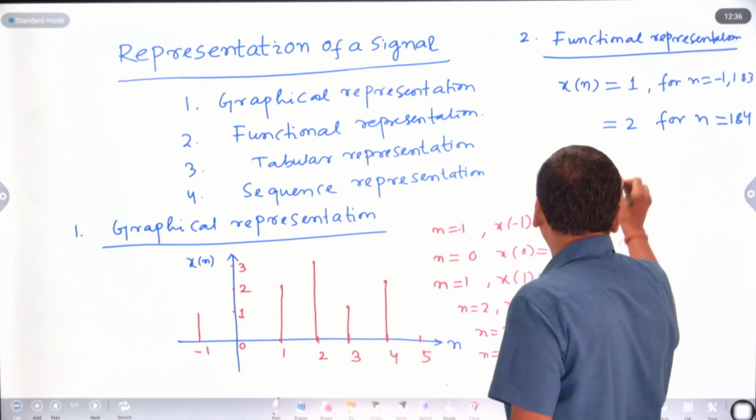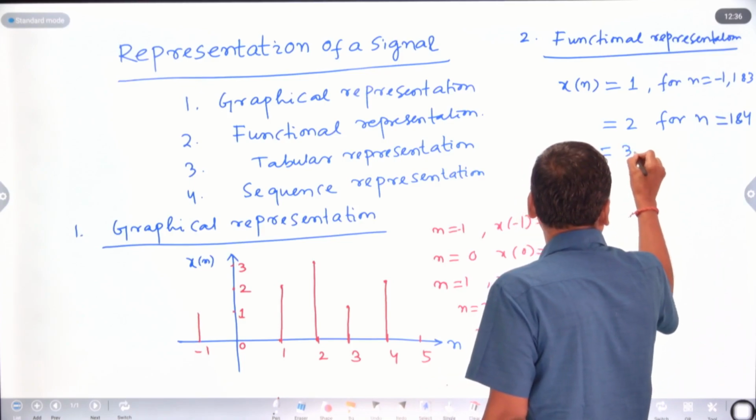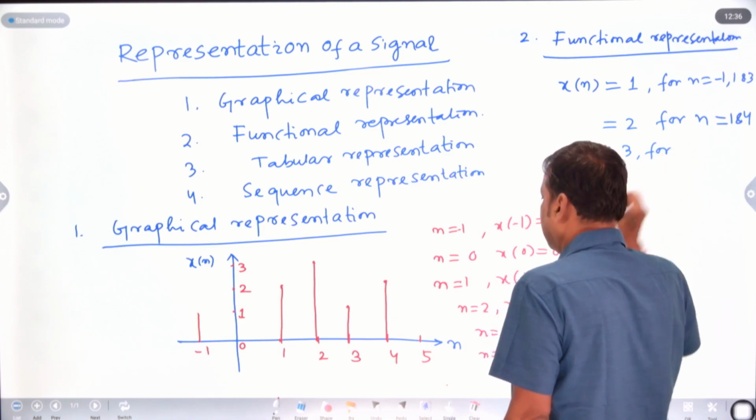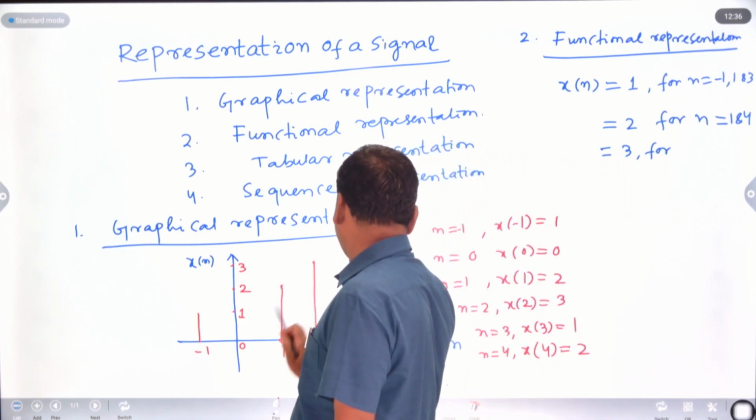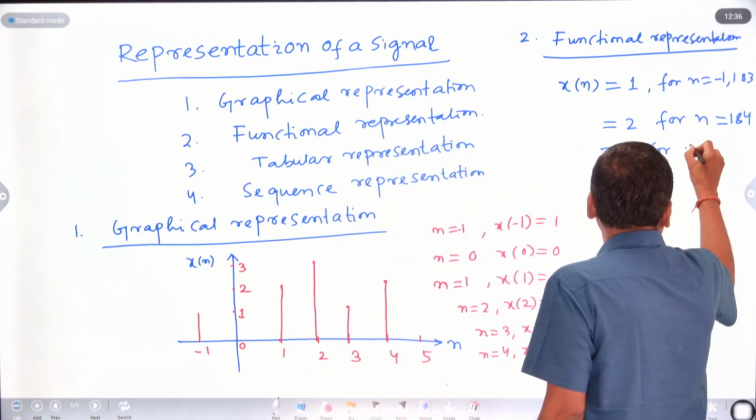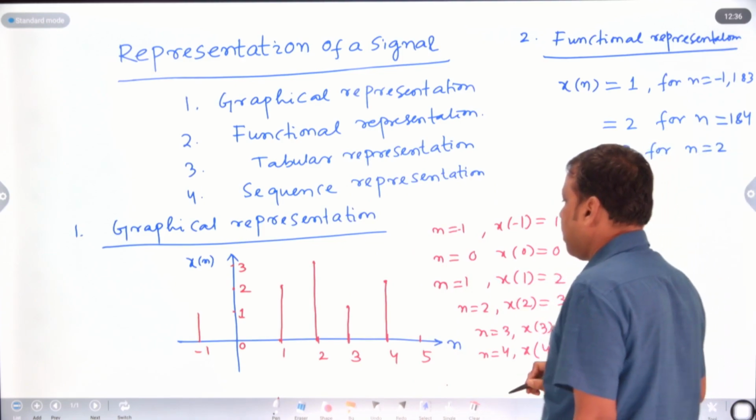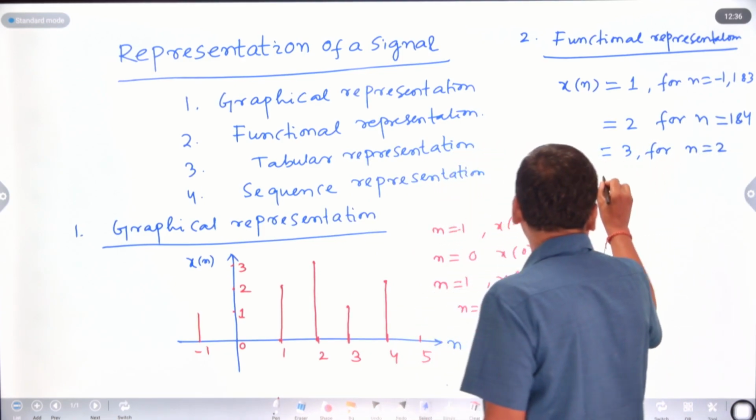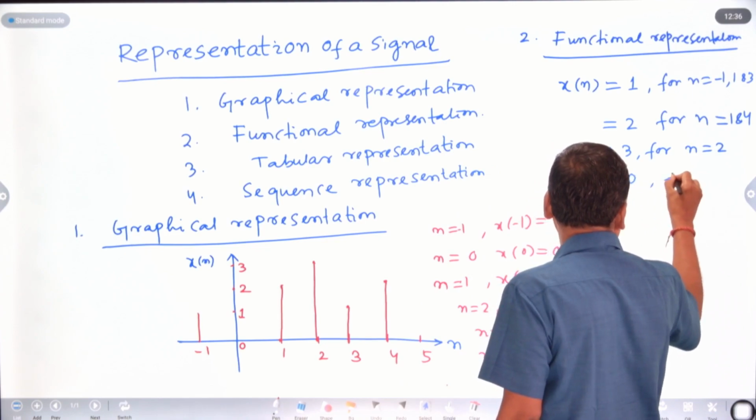Similarly, x of n equal to 3, where is 3? That is only n equal to 2. And then you can write 0 elsewhere.